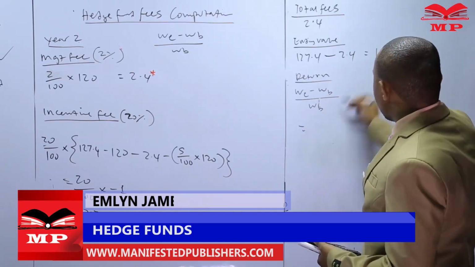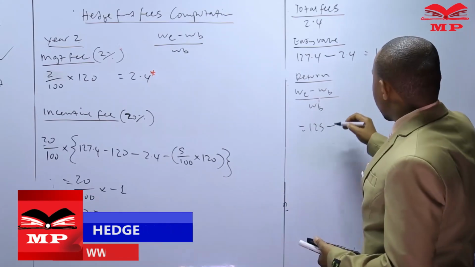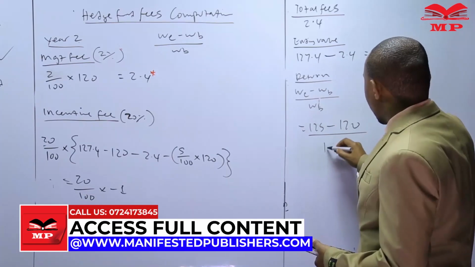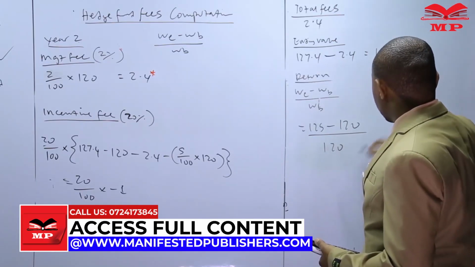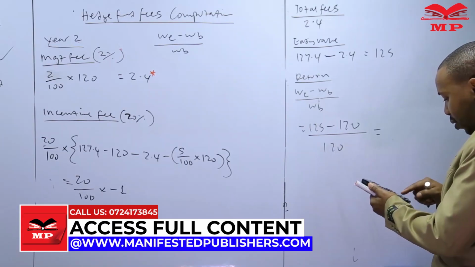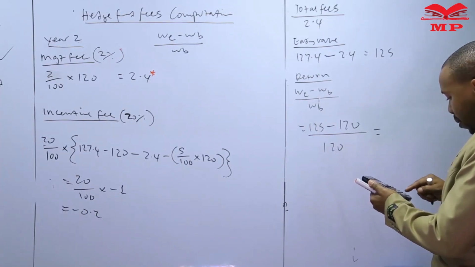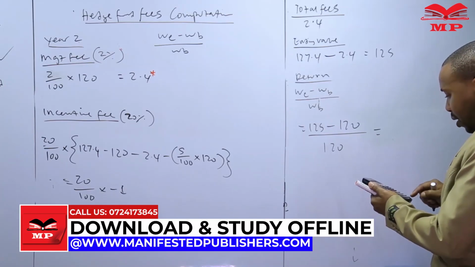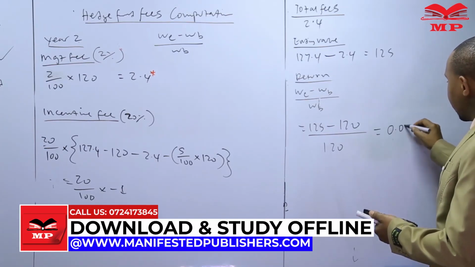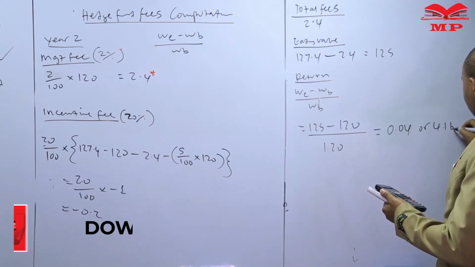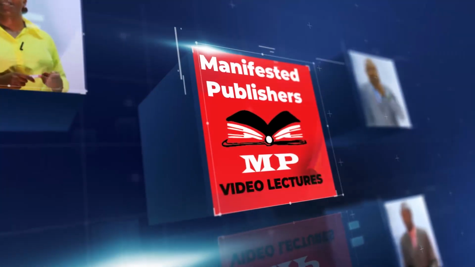The ending value is 125 minus the beginning value, which is 120, over 120. How much return do we get? It's 125 minus 120 divided by 120. We're getting 0.04, or we're saying it is 4.16%.